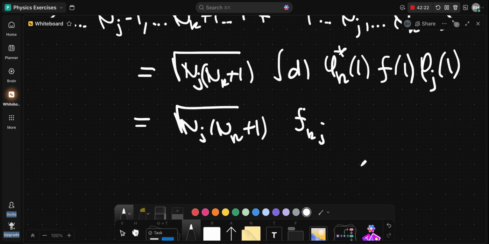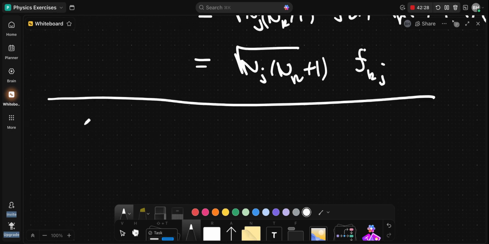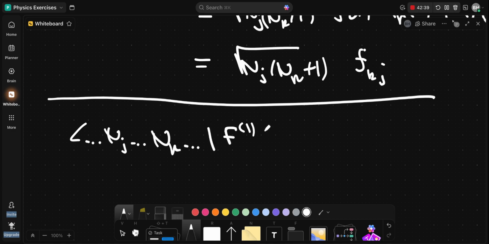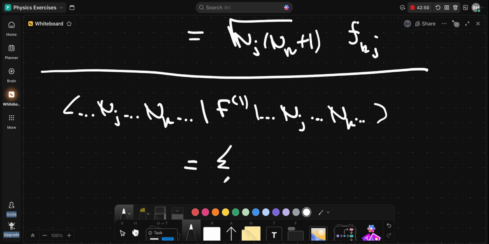Okay, so let's summarize what we have shown here. We showed that if you have the diagonal element of a one particle operator, so same wave function on each side, that's going to give you the sum over L of f LL.